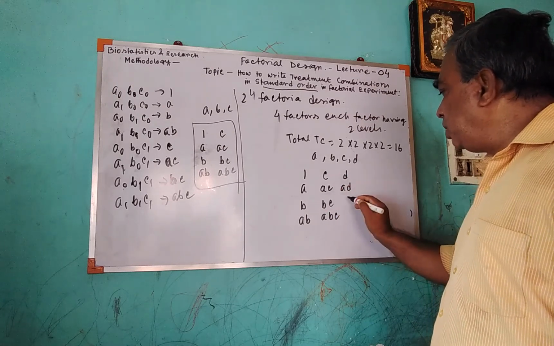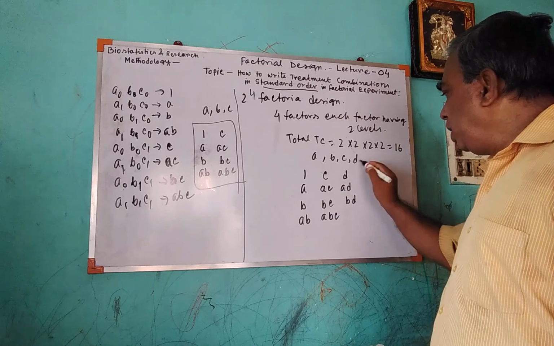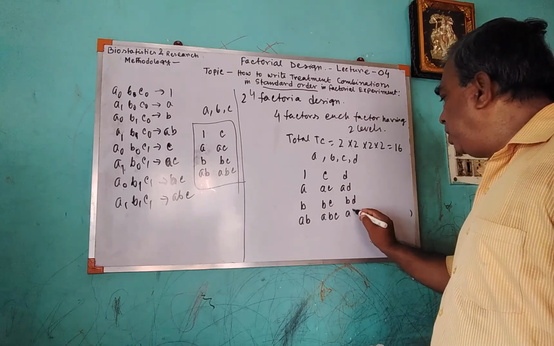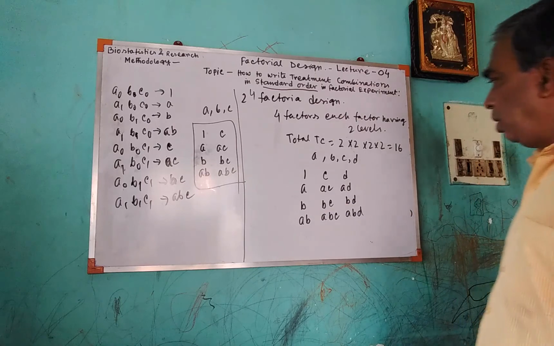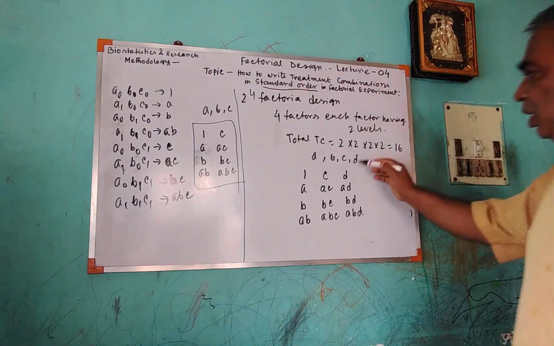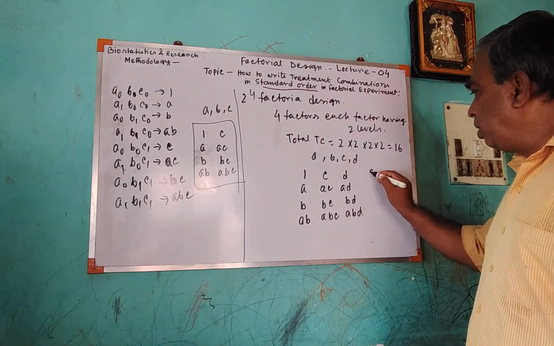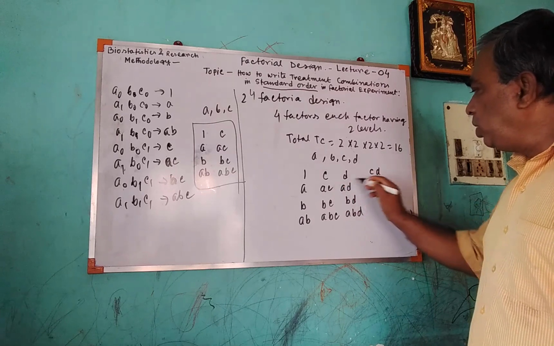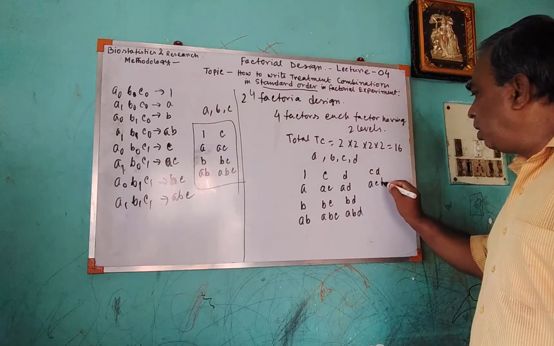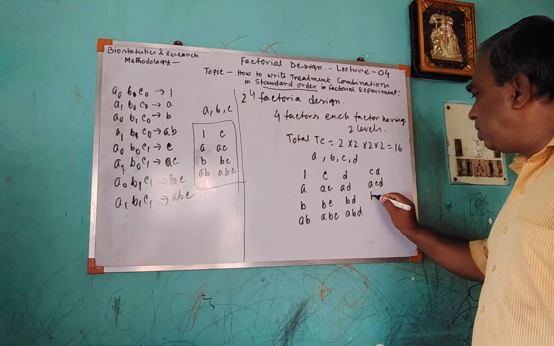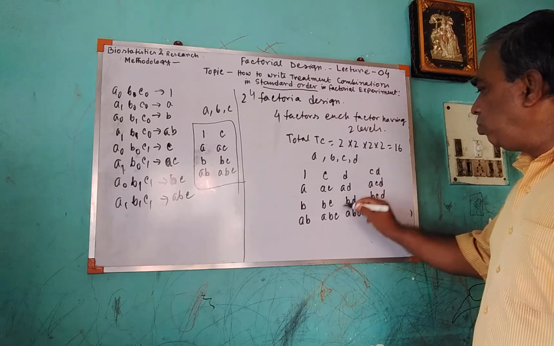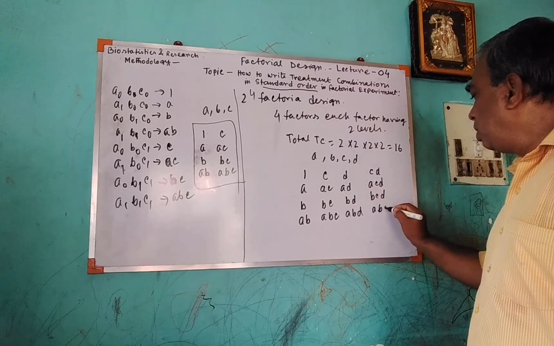D into B, that is BD. Then D into AB, that is ABD. Now D into C, that is CD. D into AC, that is ACD. D into BC, that is BCD. D into ABC, that is ABCD.